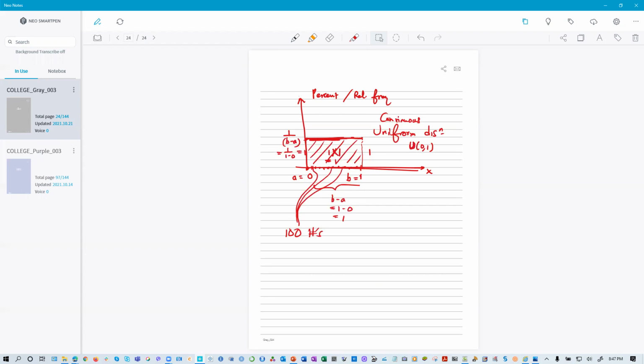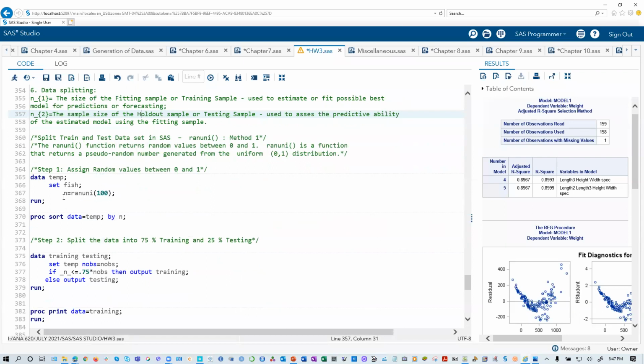That's what we're going to do in this method. So you get the fish data, you generate 100 random numbers, put them into a temporary data set, and sort it by N.